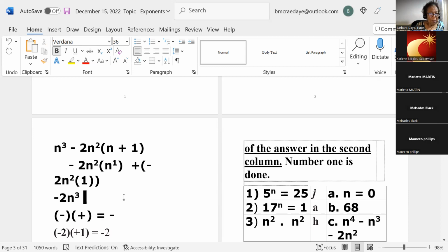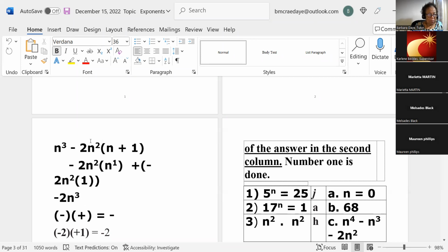Let me elevate my foot for a minute. Minus 2n to the second times the number 1. What is that equal to? Minus 2 times 1 is 2. Minus 2n to the second.